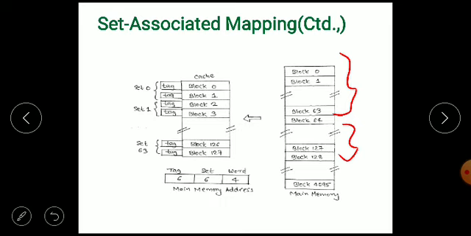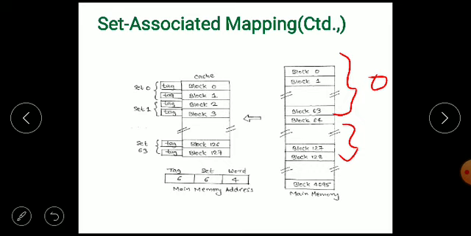For example, page 0 contains block 0 to block 63, that is 64 blocks. So in direct mapping, 32 pages are there and each page contains 128 blocks. But in set associative mapping, the main memory is divided into 64 pages and each page contains 64 blocks.